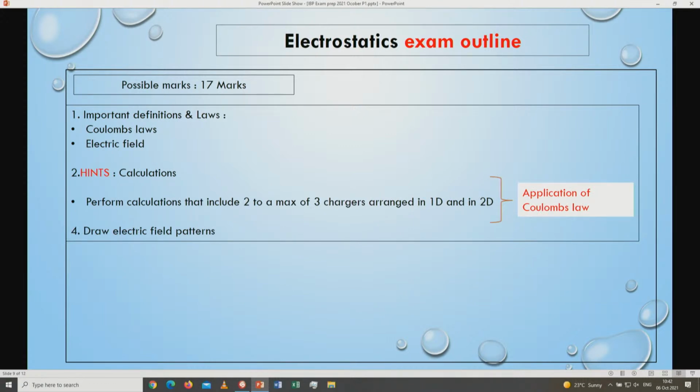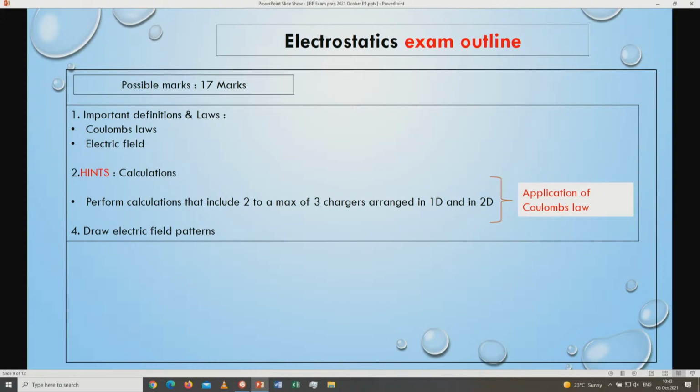We further move on to electrostatics. With electrostatics, it is important for you to be able to define Coulomb's law, be able to define what an electric field is, and be able to perform calculations that include 2 to a maximum of 3 charges that are arranged in 1D and 2D.